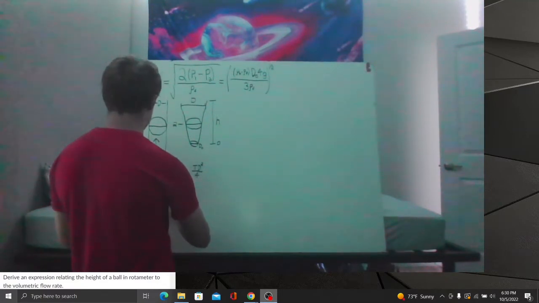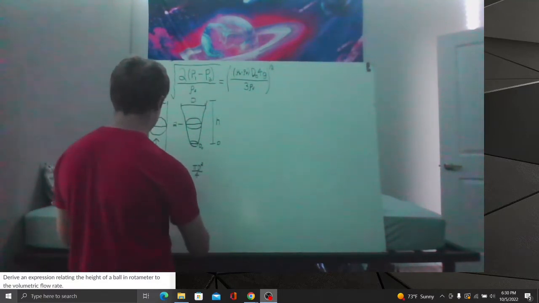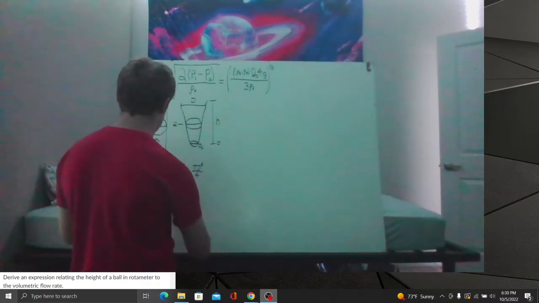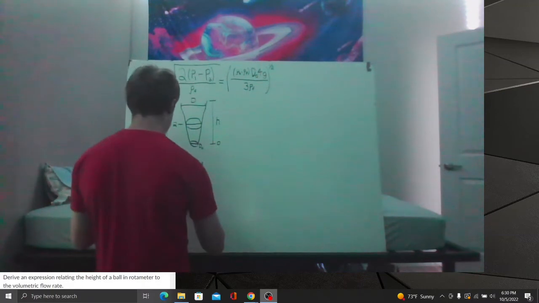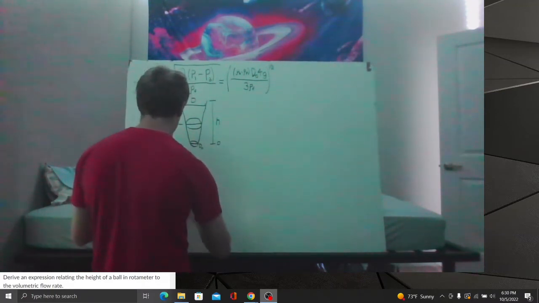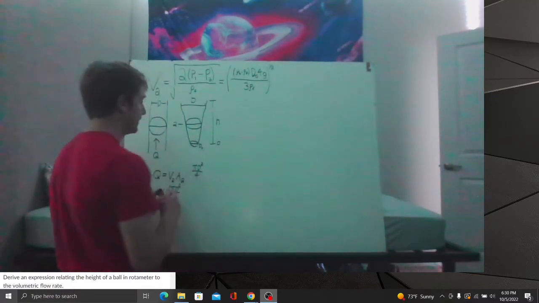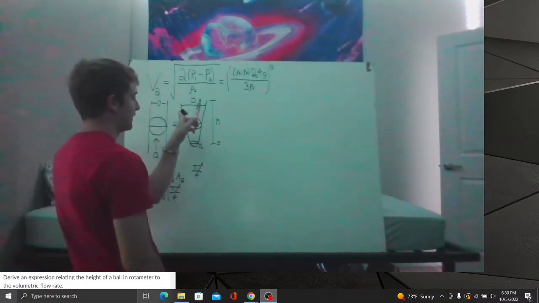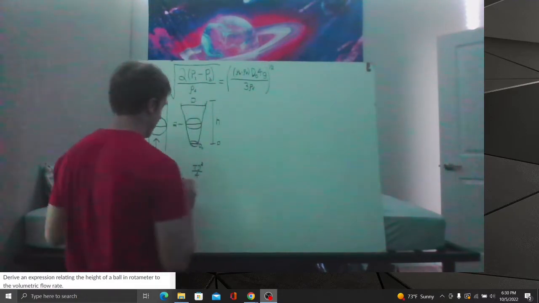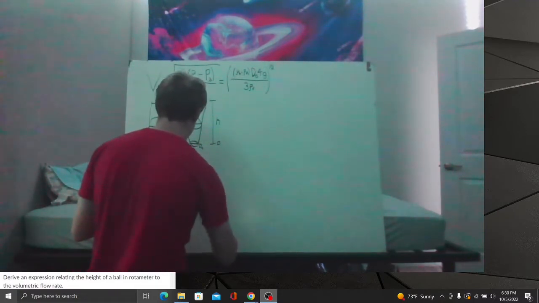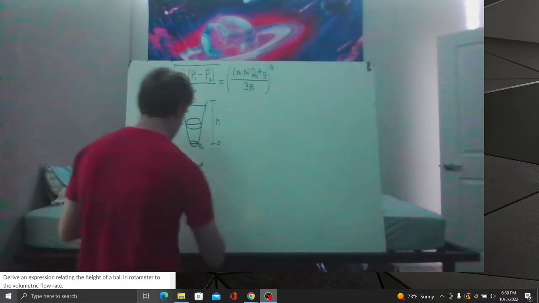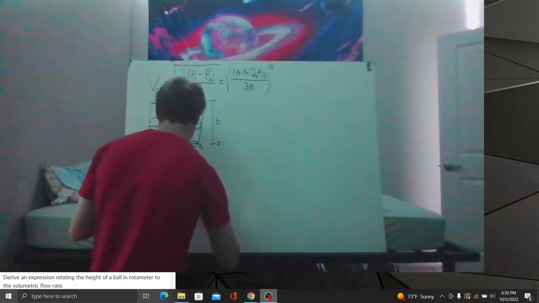So we're still going to have Q equals V2 times the difference in area, so pi d squared over 4, where d is the diameter at any given height, minus pi d naught squared over 4.